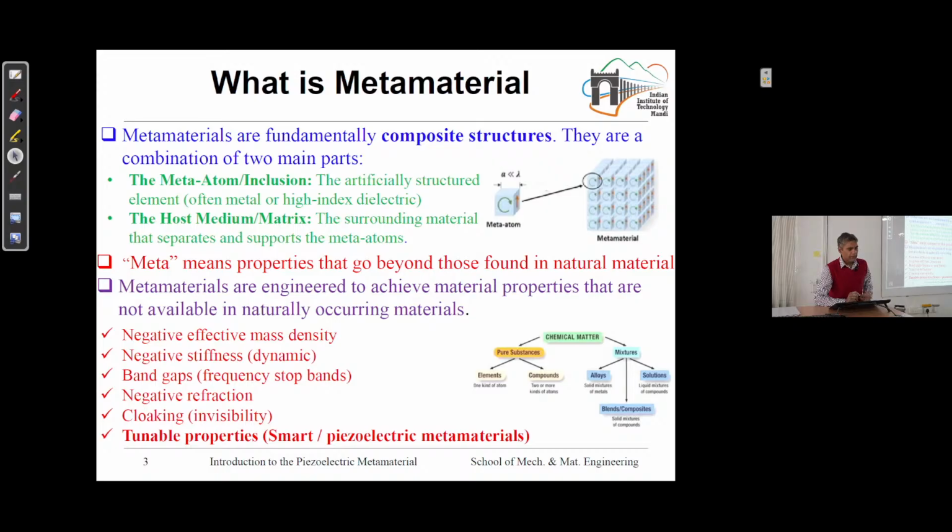The natural materials, as you are already aware, are pure substances and mixtures, and of course these have different classifications. As engineers we are already aware of these different materials. So these so-called natural materials have properties based on the chemical constituents.